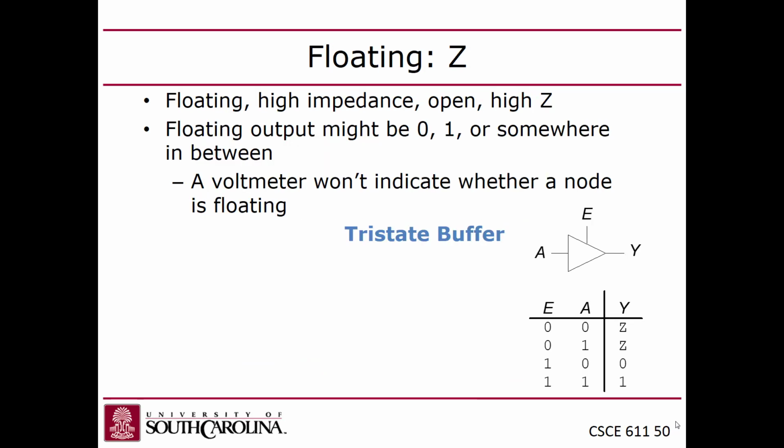There's also this Z that comes up. So Z means high impedance. Z is used when you have a wire in your design that's floating, meaning that it's not being pulled down. You don't have any gate that's pulling it to ground, and you don't have any gate that's pulling it up to VDD. It's just floating.